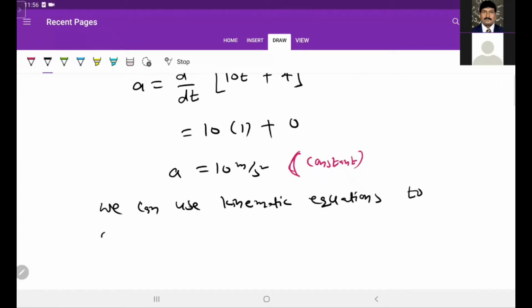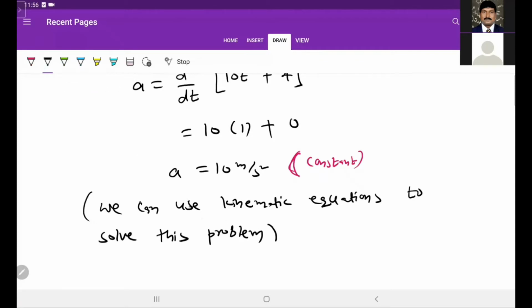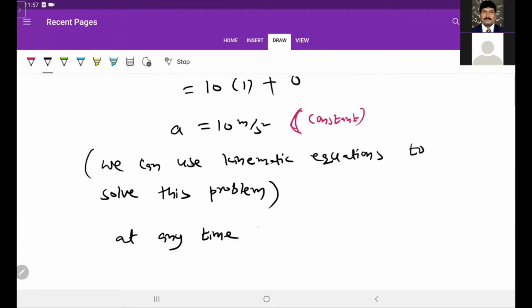The question is, at any time, acceleration is always constant.